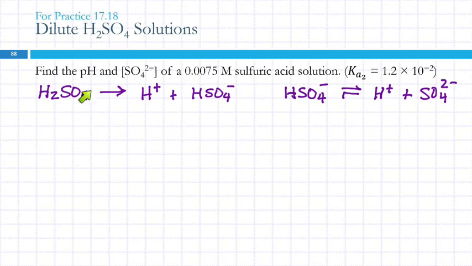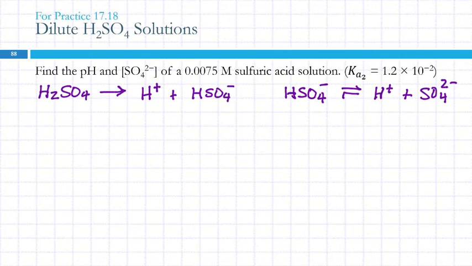This one could be a little tricky to remember, but a clue is they don't give you Ka1. And it's not just that we made a typo and forgot that. It means something. So this one goes complete, right?